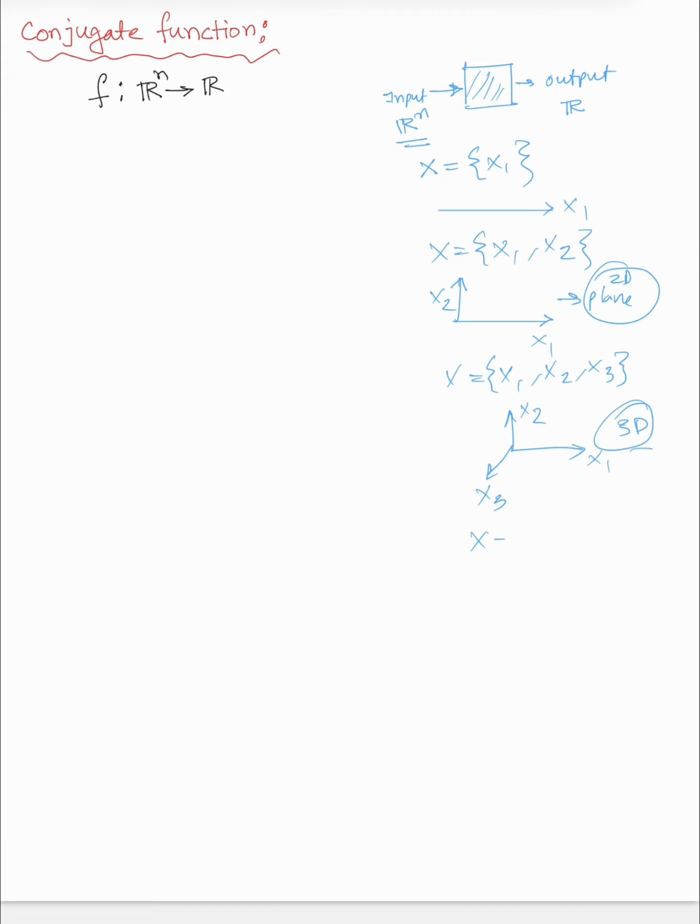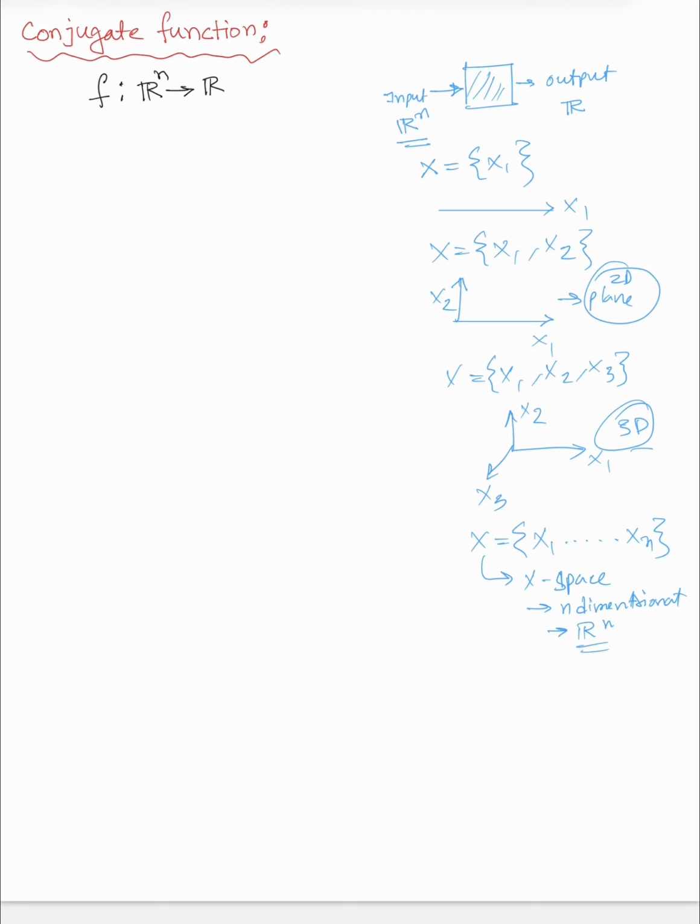But what if x is equal to x1 dot dot to xn? So that means there is n number of components acting in different directions, and the x space is going to be n-dimensional. So this is expressed as R to the power n.